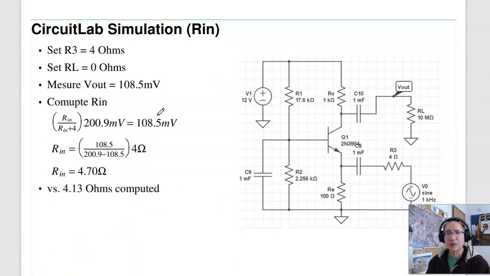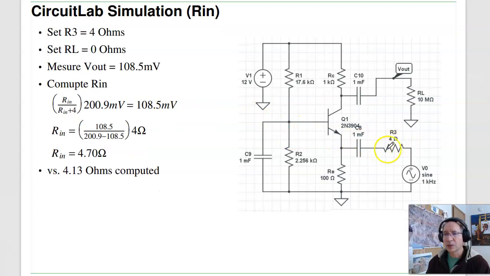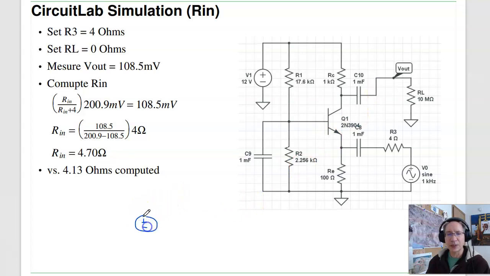To find the input impedance, what I'll do is add a resistor in series. If I make this 4 ohms, kind of cheating because I calculated, I know what the input impedance should be, 4 ohms. The output should drop in half. Make that 4 ohms, and now the voltage at the output is 108 millivolts. What that tells you is, here's your input. Here's the 4 ohms that I added. Here's the Rn that I'm trying to calculate.